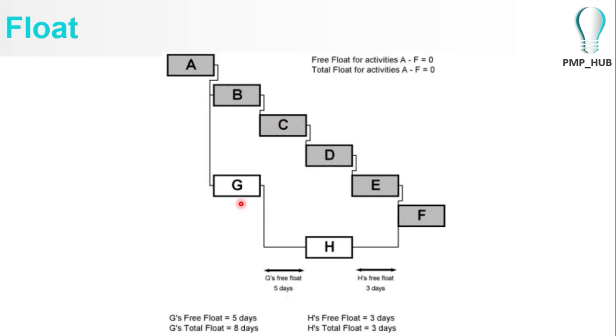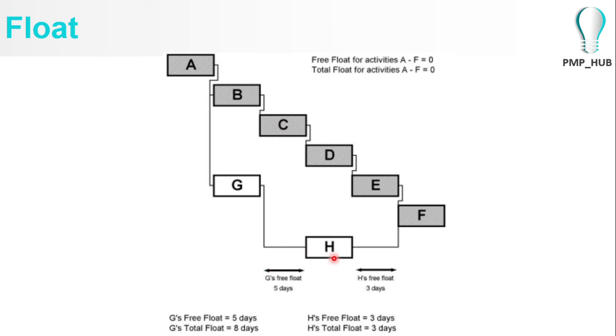So activity G can be delayed for 5 days before it affects the early start date of activity H. So there is a free float of 5 days. And also activity H can be delayed for about 3 days without affecting activity F, which depends on the output of activity H.